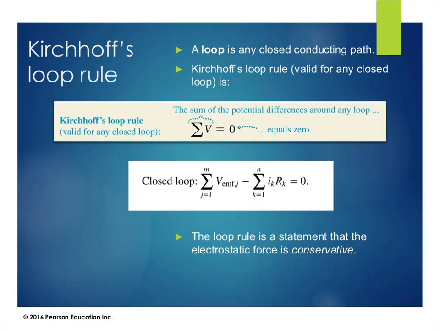And so as you go from your starting point, you may have places where you have potential rises or positive potential difference. And you also might have places where there's potential losses, which would be negative potential differences. The idea is if you go around the loop, these will actually end up equaling 0. That is, all the rises minus all the drops will be 0.